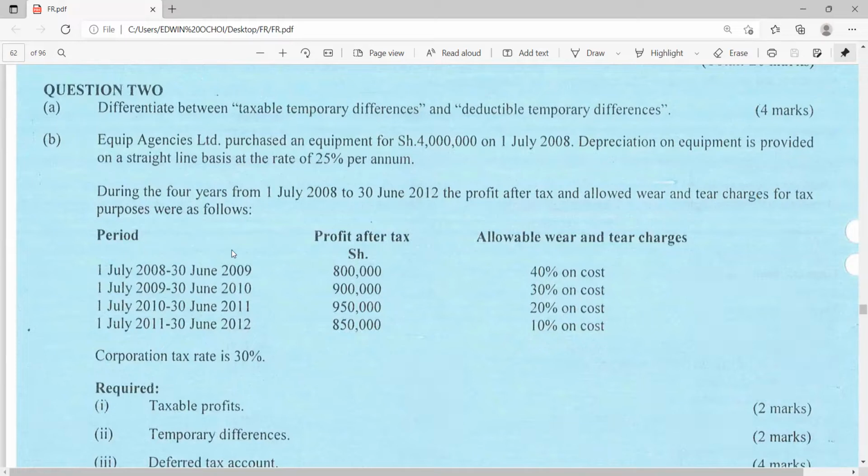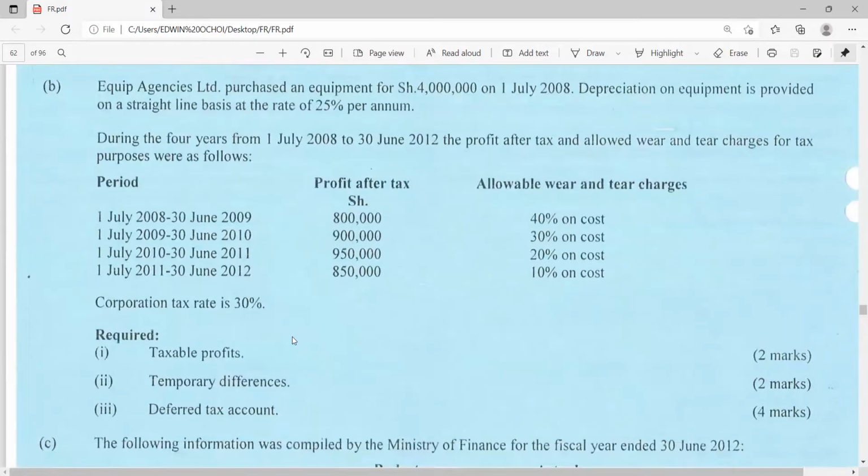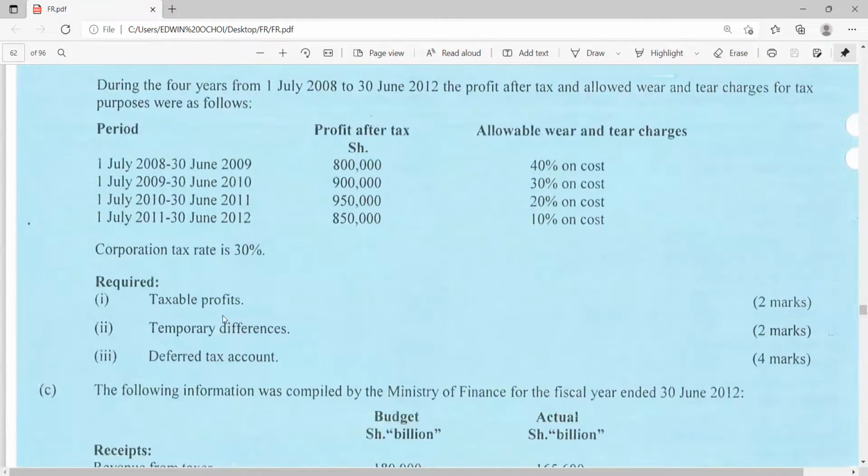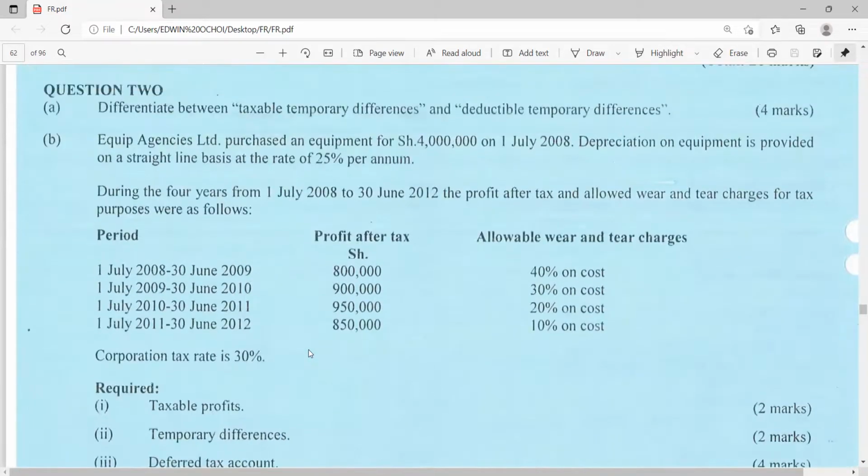We have the period from 2009 to 2012. Profit after tax, you can see it's given. Allowable wear and tear charges. The corporation tax rate is 30%. Required: taxable profits, temporary differences, deferred tax account. Very good.